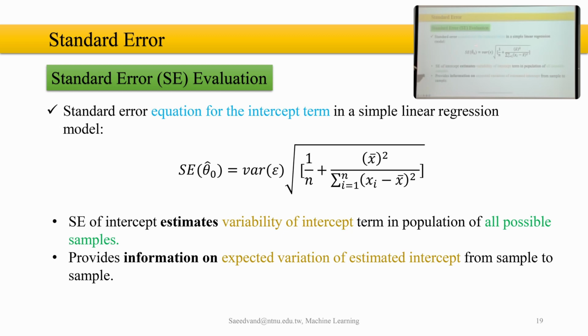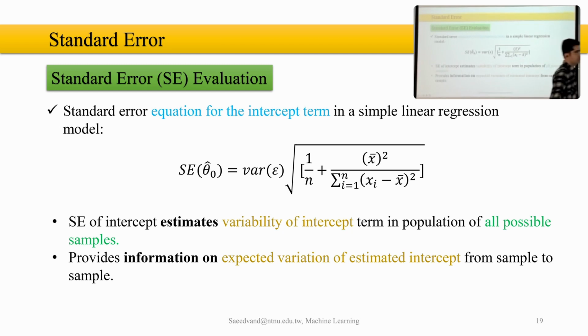It's kind of defining a standard error of that, because it also uses, as you can see, a couple of variances inside, for example, of the x's, and takes into consideration the x parameters. One more note, it provides information of the expected variation of the estimated intercept from sample to sample.